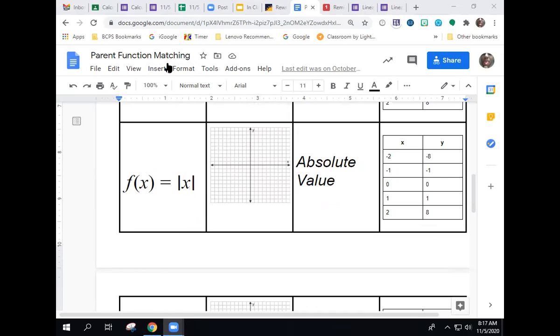Absolute value is going to look a lot like the quadratic, and if you remember, it's a V. So the domain is -infinity to infinity, but the absolute value can only give you a positive answer. So this has to start at 0. So the range is going to go from 0 to infinity. That's a comma there.